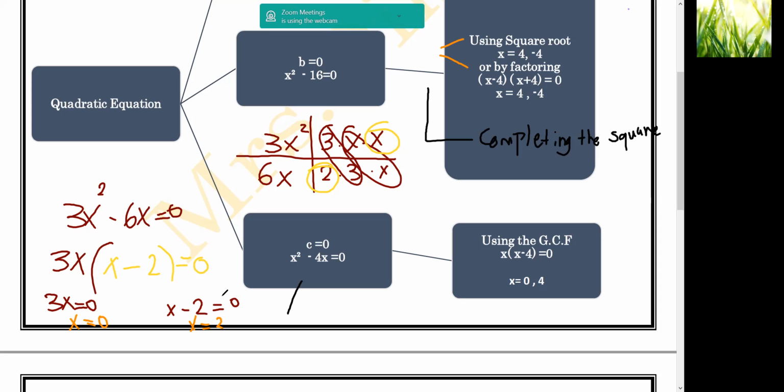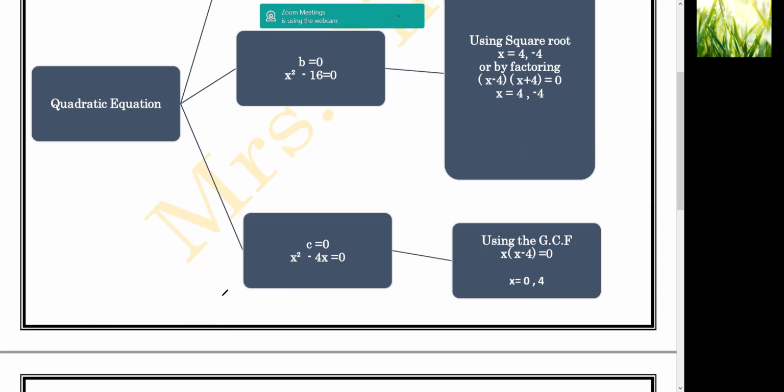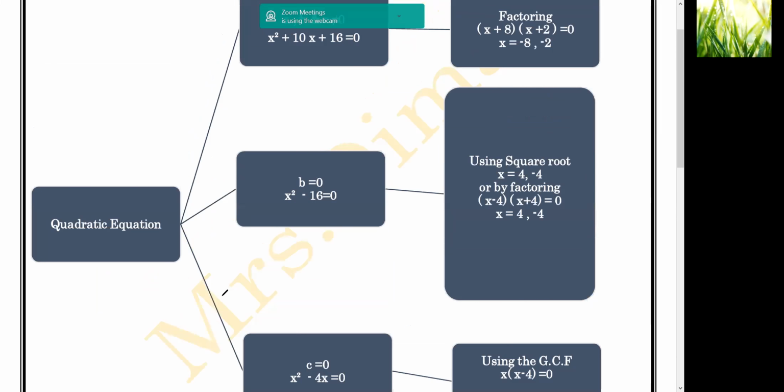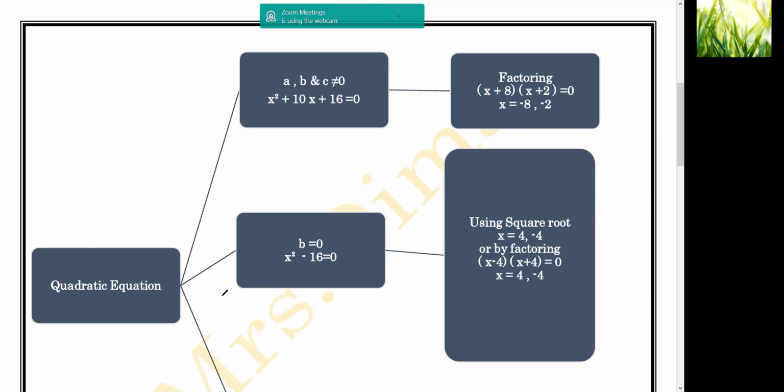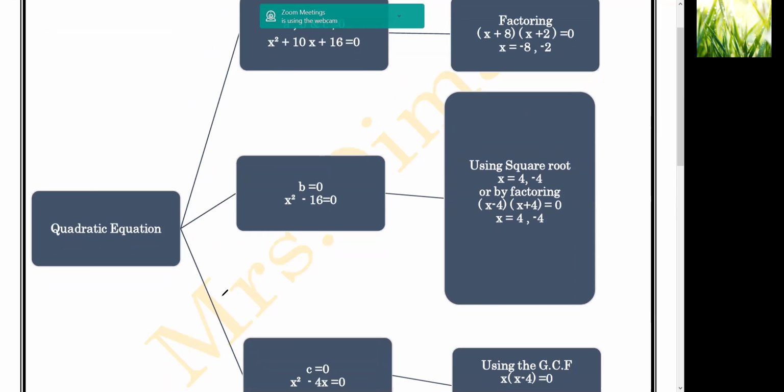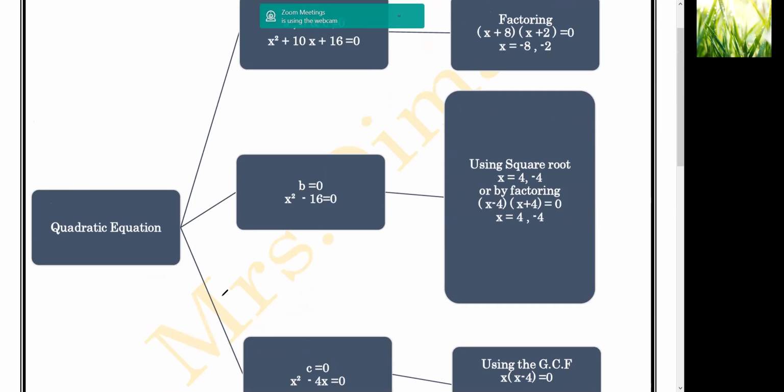Now, for all of them, whether A and B and C exist, or B does not exist, or C does not exist, we have something we call the quadratic formula. The quadratic formula can help me solve any of them. It helps me solve x squared minus 16, it helps me solve x squared minus 4x, and it helps me solve x squared plus 10x plus 16.